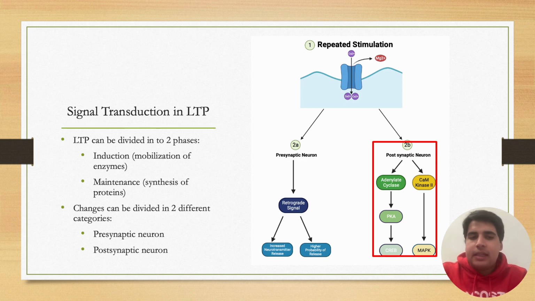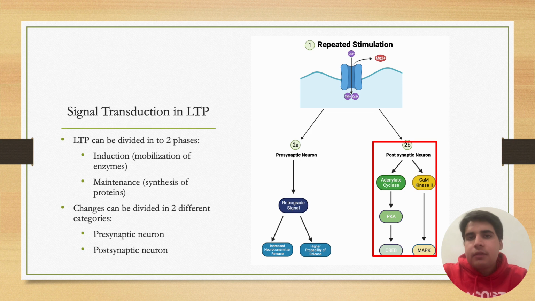The first phase is the induction phase, which involves the mobilization of different proteins and enzymes, such as through phosphorylation. This phase typically happens within minutes of the initial event. However, the second phase is called the maintenance phase, and this phase involves the synthesis of new proteins and enzymes, as well as upregulation of genes. Therefore, this phase can take hours and happens after the induction phase.